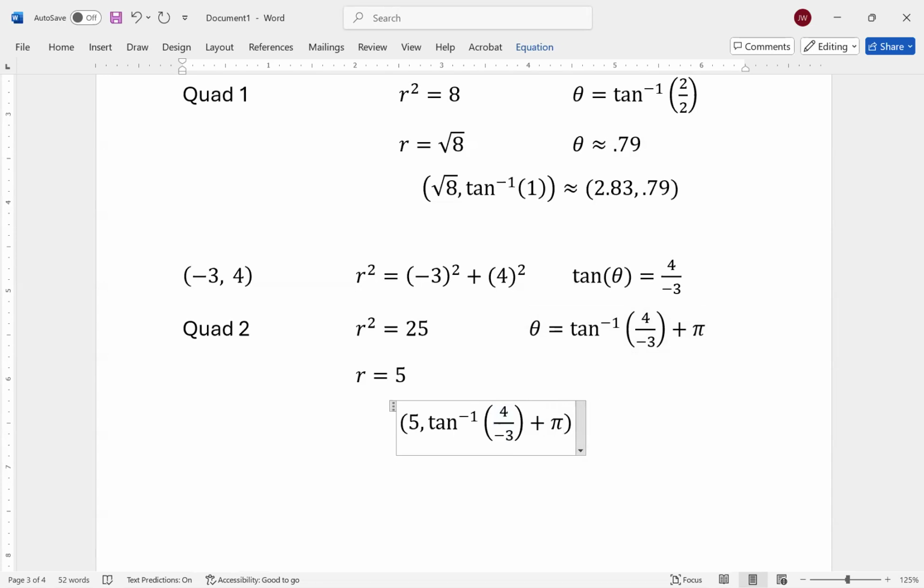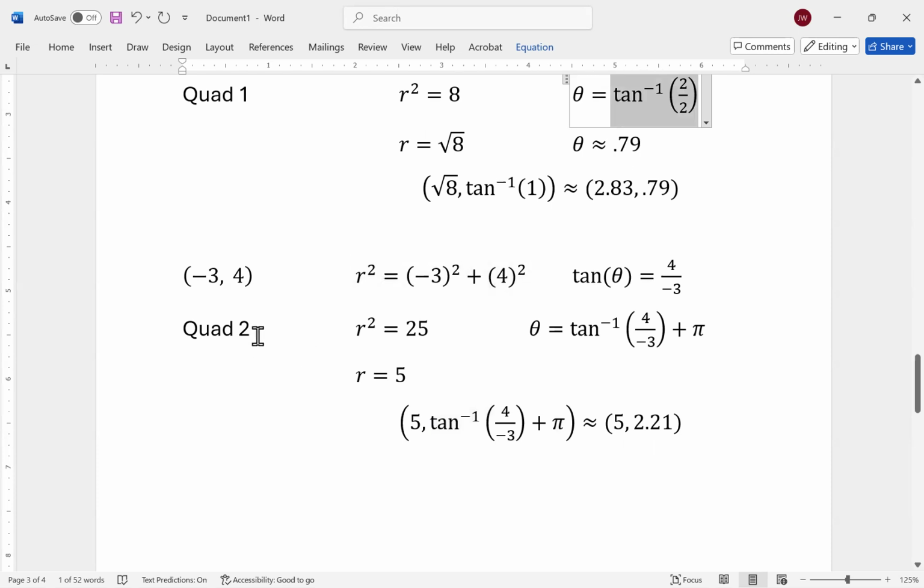And usually I would give an approximation for that. Five is obviously just the R value, and the approximation is about 2.21 when I type this into my calculator. So if we're in quadrant 1, we just use the inverse tangent. If we're in quadrant 2, we use the inverse tangent and then plus pi.